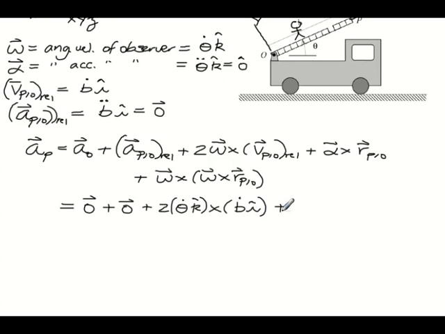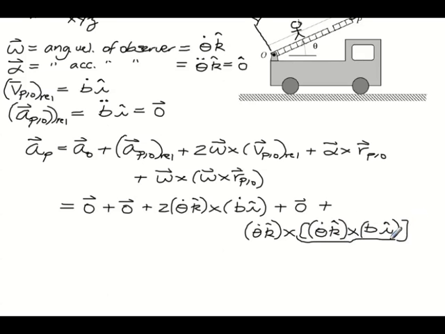The alpha vector was seen to be a 0. And then we have the omega cross omega cross r, so that's theta dot k crossed with theta dot k crossed with a vector going from O to P. That's just the distance b in the i. k cross i is j, so this is b theta dot j.